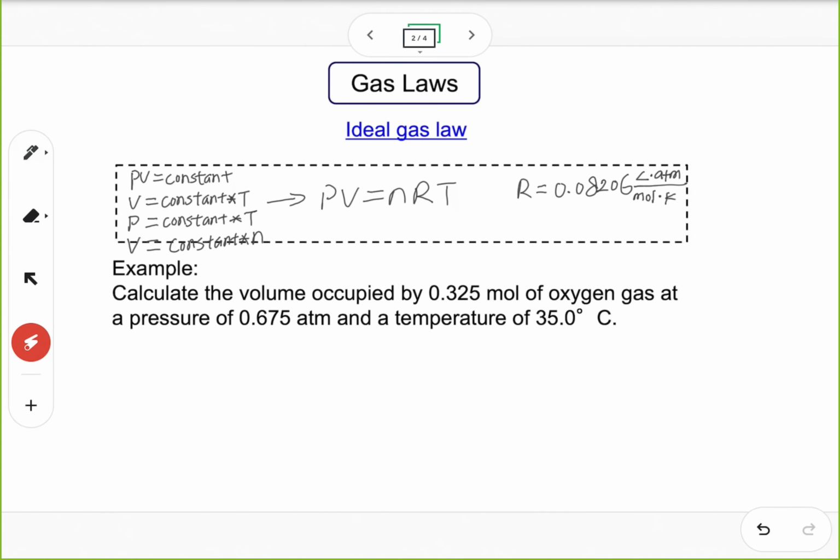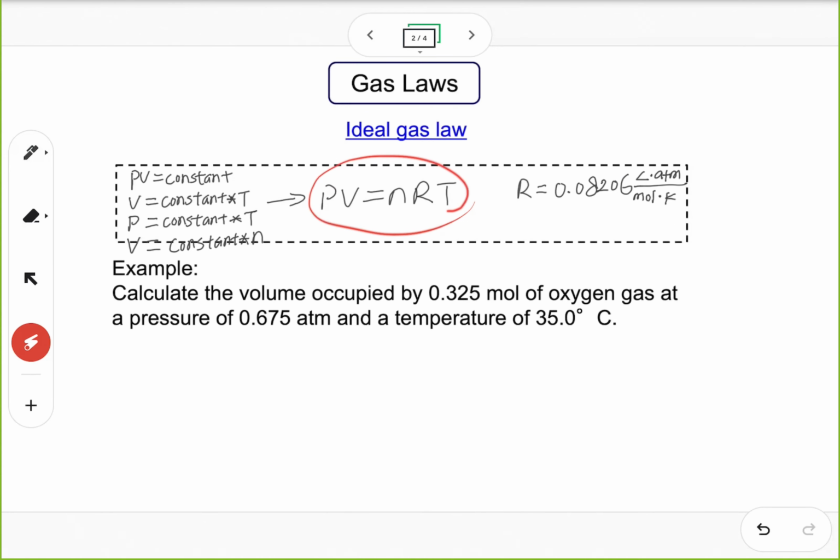V is a volume, we should use liter. N, of course, is mole number. T is a temperature, and we should use Kelvin. All right, so this is R. This constant will be given in your test, but please make sure you are using the right units for the calculation.